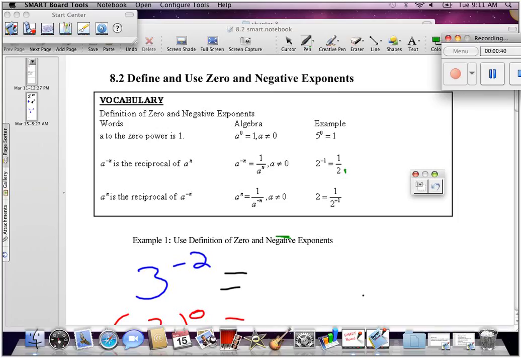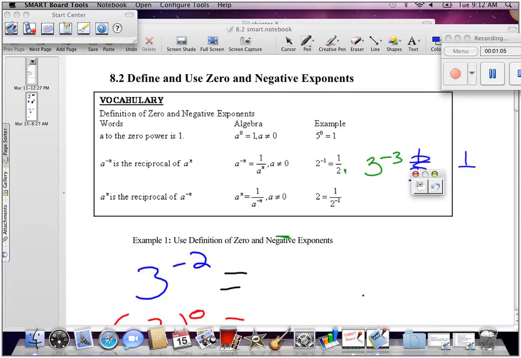Okay, so let's try. How about this? Write another example. 3 to the negative third power. I can't have a negative, so what's the first thing I do? Flip it, and that'll become what? 1 over 3. And then, how do you move that thing? You can't. Awesome.